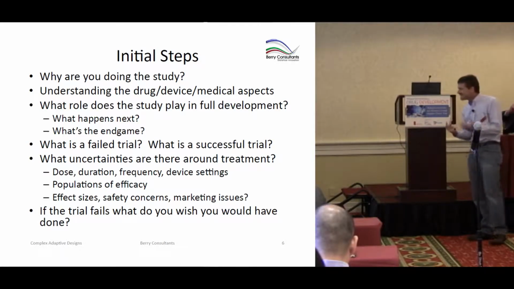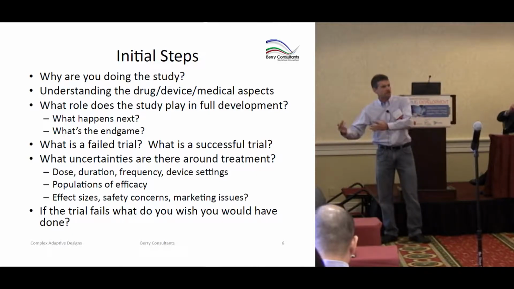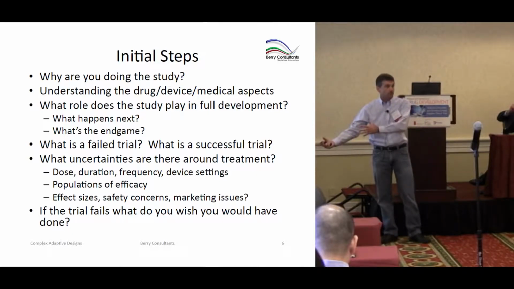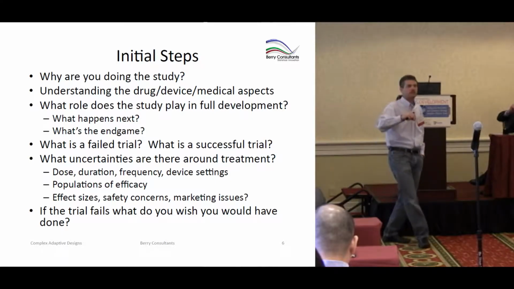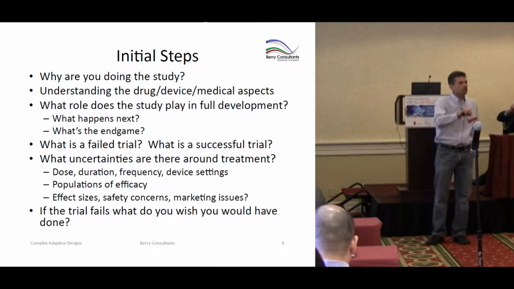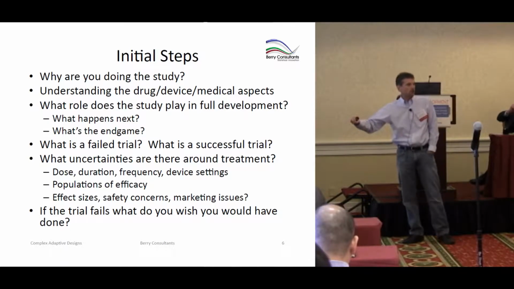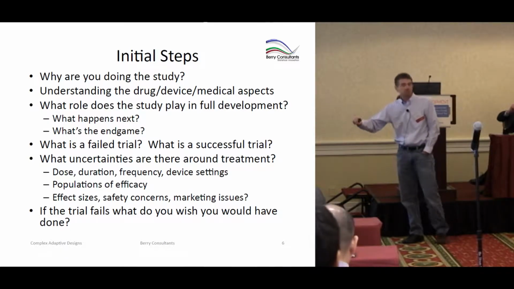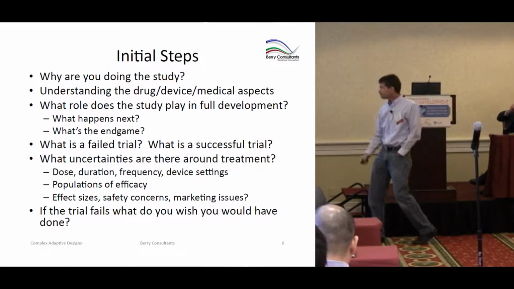So trying to capture and understand what are the uncertainties that our design can learn about that might help the adaptations. Remember, the promise here is that we're going to learn something that's going to help the design. So what uncertainties can we learn about during the process that might allow our design to evolve more efficiently?